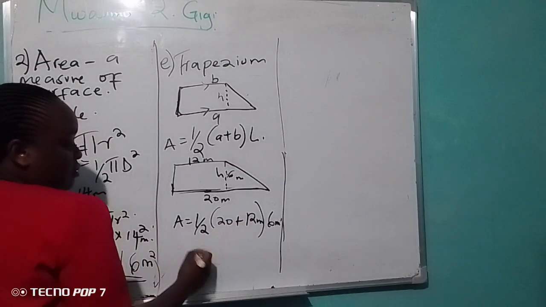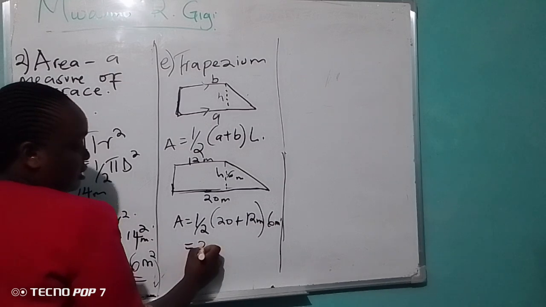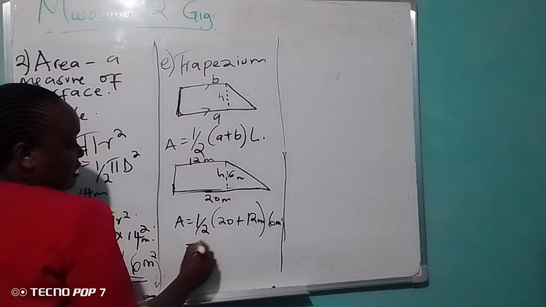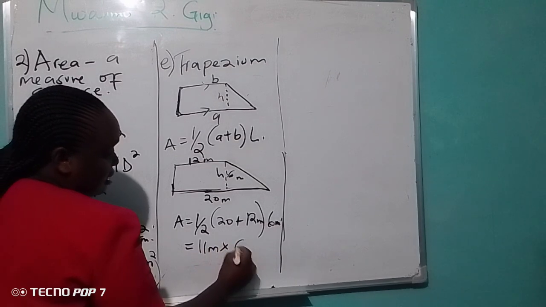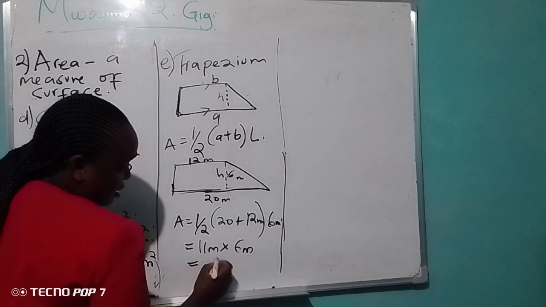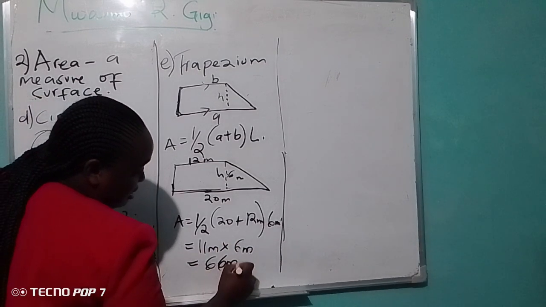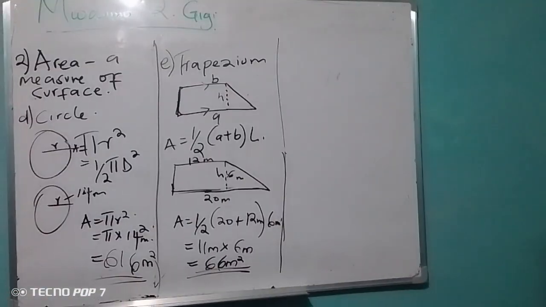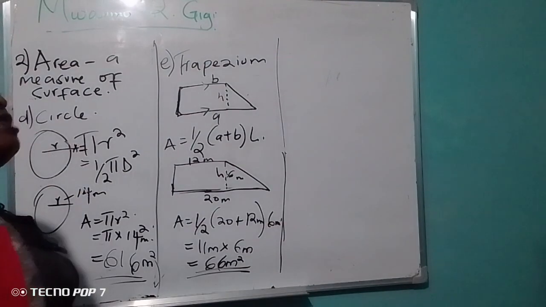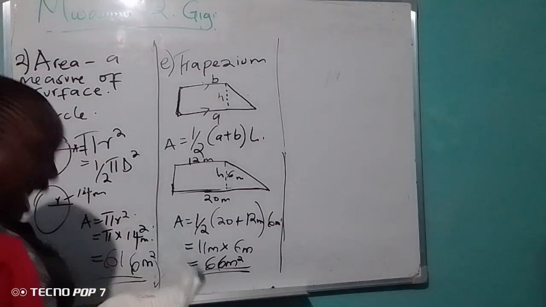So 20 plus 12 ni ngapi? 22 divided by 2 is 11. Sindio? 11 meters times 6 meters. Itakuwa 66 meters squared. Simple and clear. It's a half A plus B times the perpendicular height.